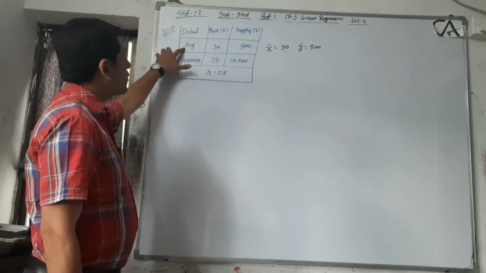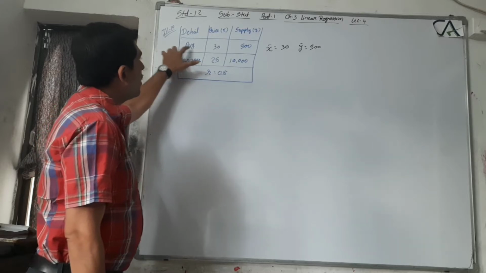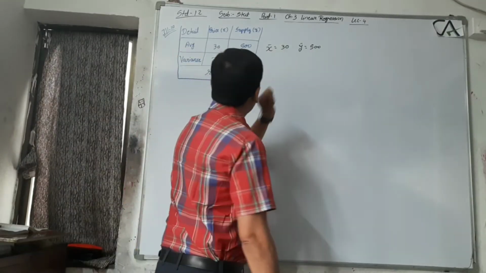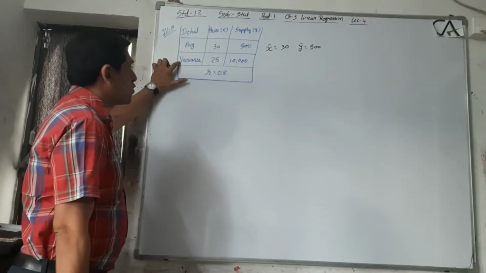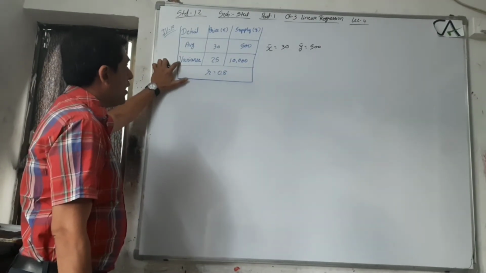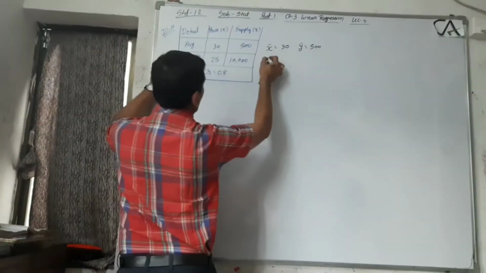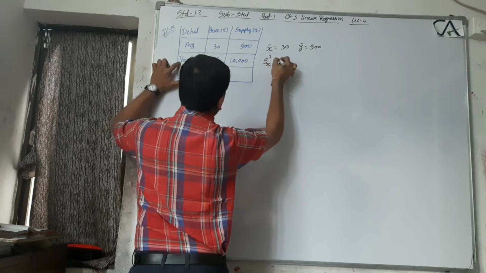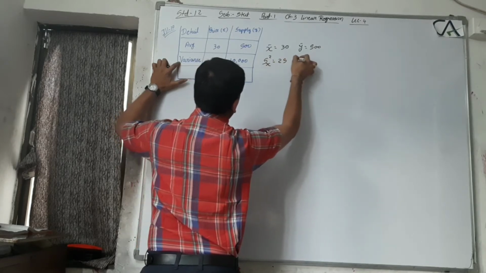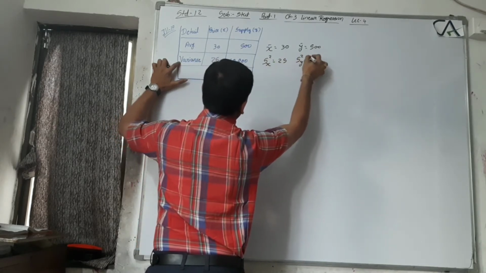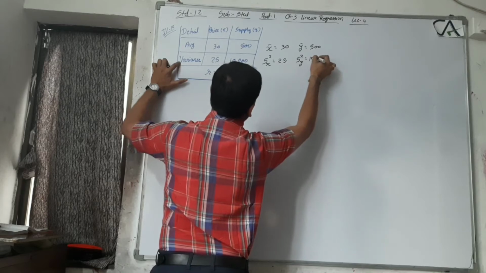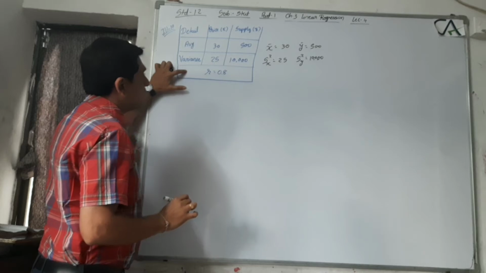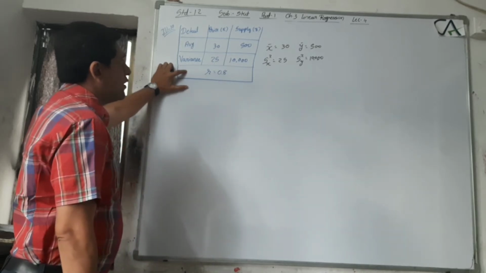Average, that is mean, X bar is equal to 30 and Y bar is equal to 500. Now variance is Sx square and Sy square. I told you when I write the formulas, Sx square is equal to 25 and Sy square is equal to 10,000. Right? And R, that is the correlation coefficient, is given.